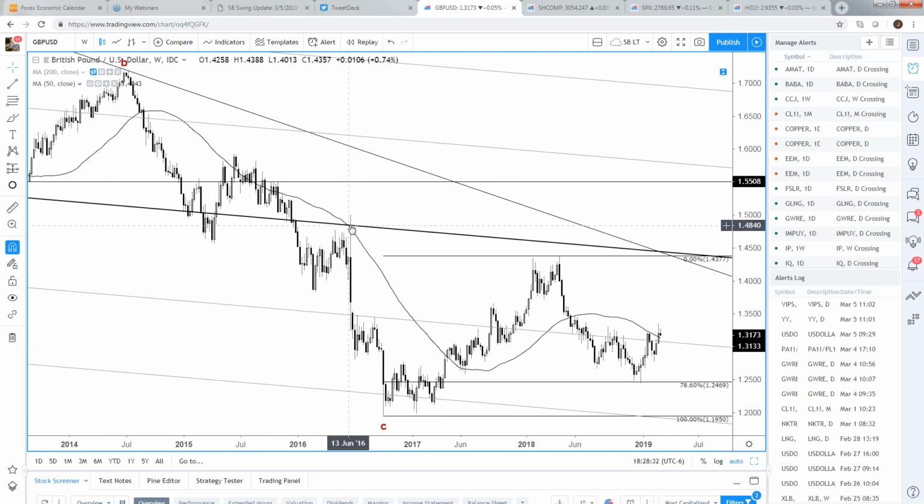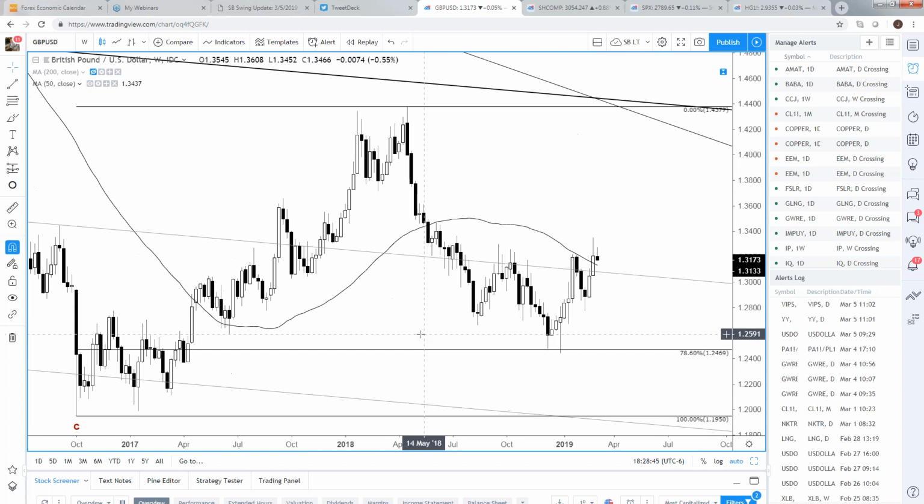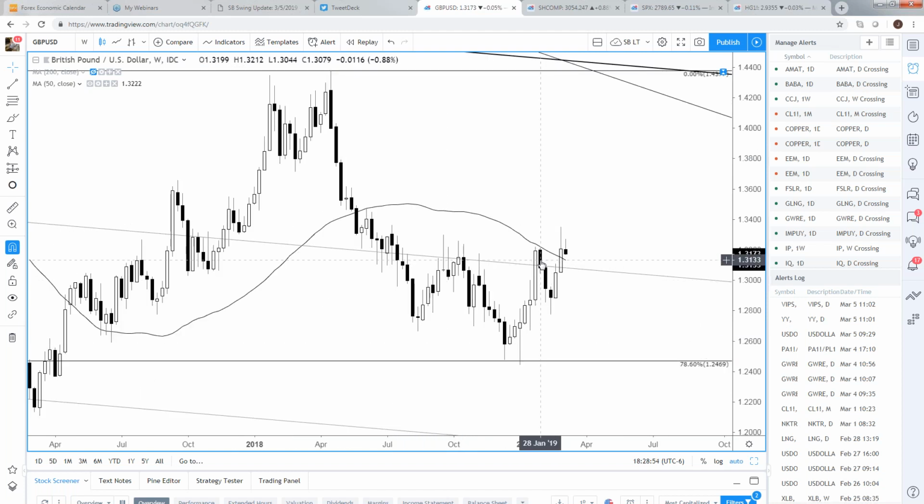The Brexit spike, the night of Brexit, of course. And then even last year, broke above it, consolidated into it, went higher, broke below it. Last June, found resistance on it, went lower. Resistance earlier this year in January. And now we're back above it.